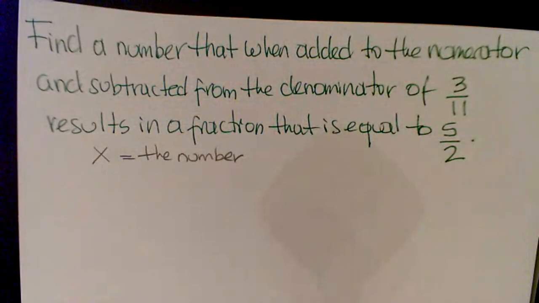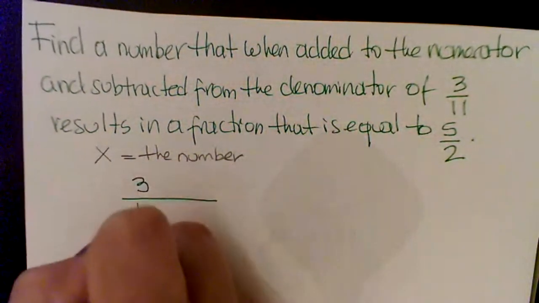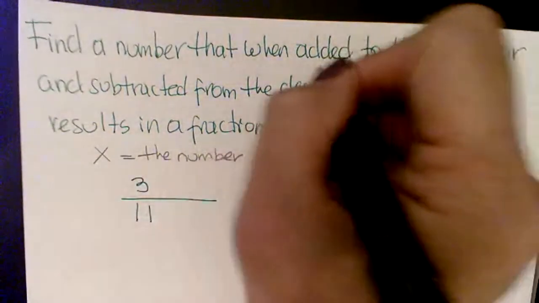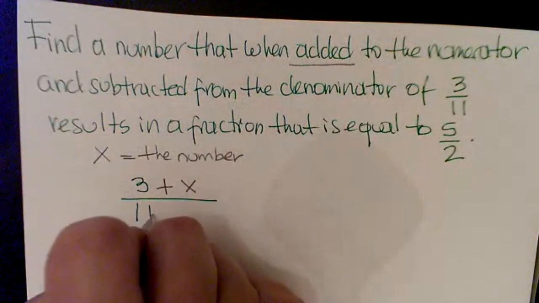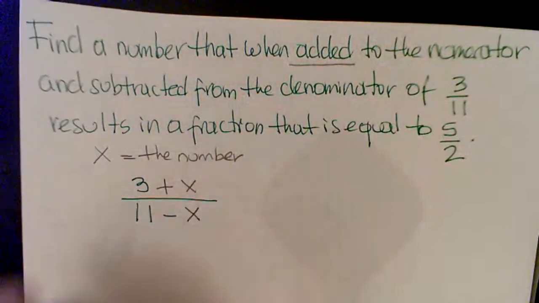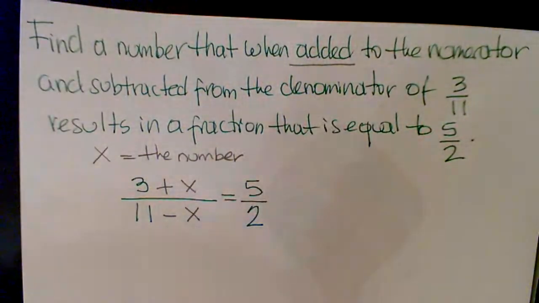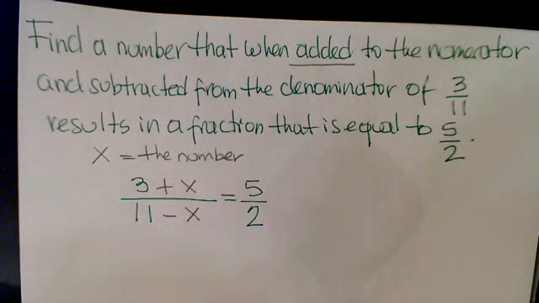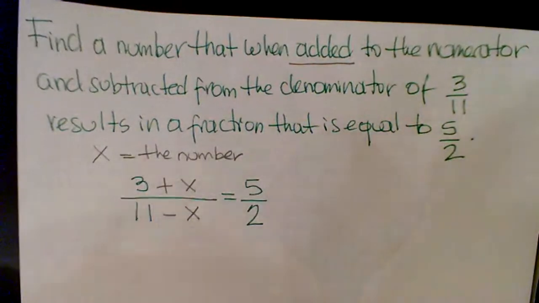We need to find a number that when we add it right here to the numerator and subtract it from the denominator, gives us what? 5/2. That's what they're saying there. Find a number that when I add it to this numerator and subtract it from this denominator, I get 5/2.